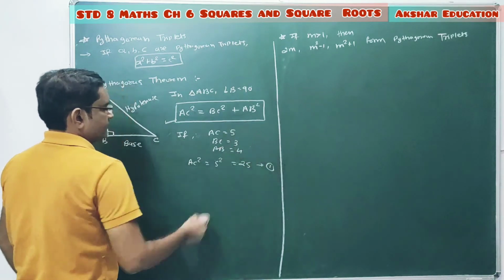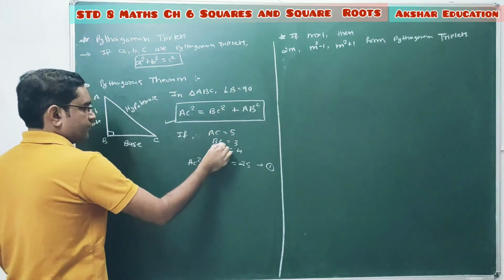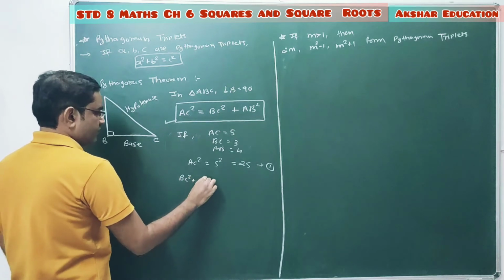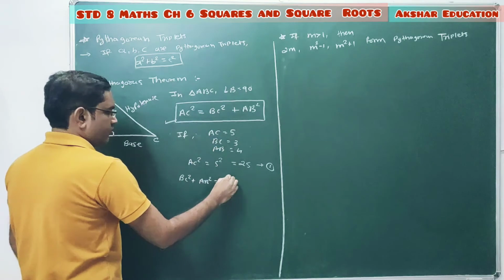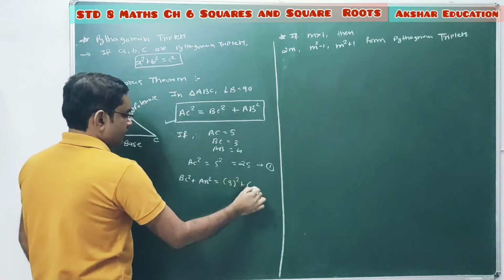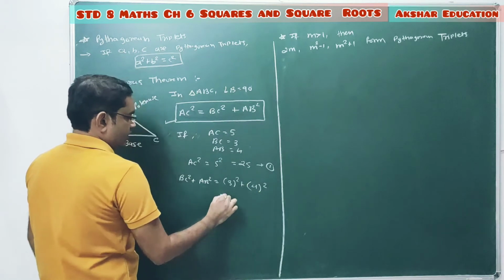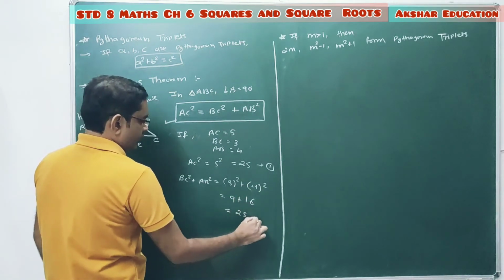Now for the right hand side, it's BC square plus AB square. BC square is 3 square, and AB square is 4 square. So BC square is 9, 4 square is 16. So this is equal to 25.